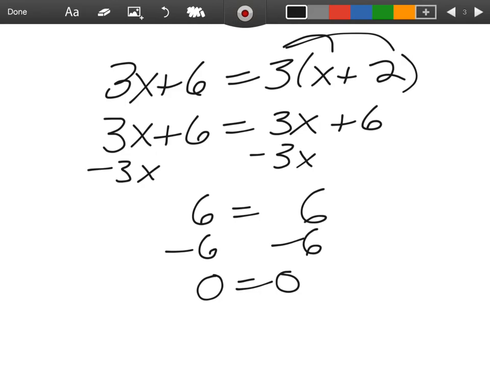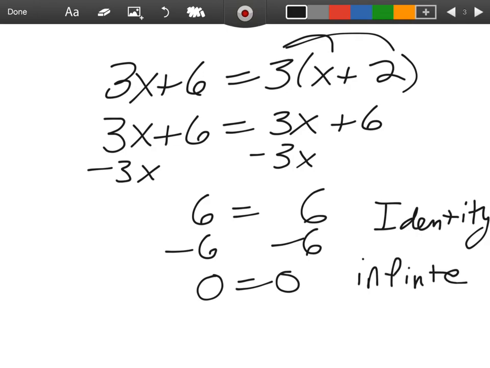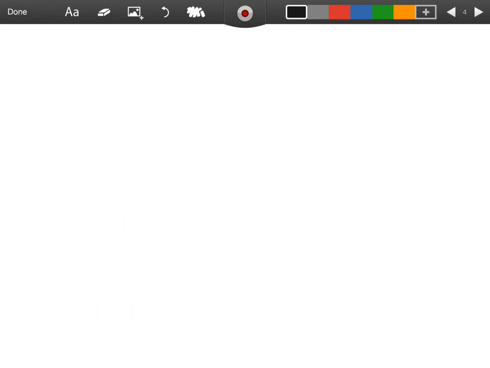If I go all the way back up to the top, whatever I put in for x on either side is going to make that balance, because it's the exact same thing. This is referred to as an identity, and it has an infinite amount of solutions. Okay, so there's the 3 different types we can come across.